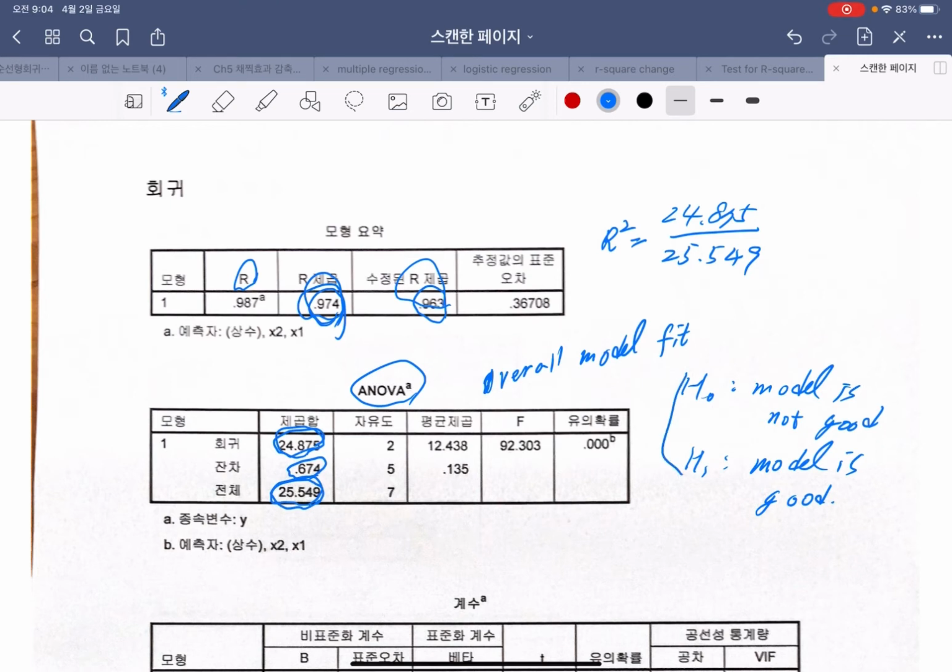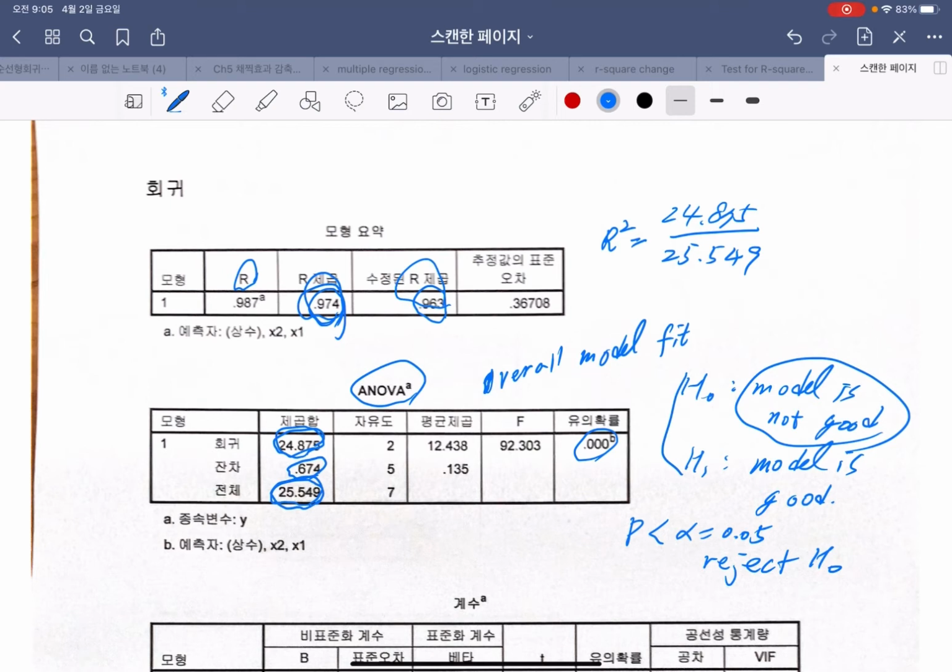In this case, this is the p-value. If p is less than alpha, suppose alpha is 0.05, then you reject the null hypothesis. Now, what is this? Model is not good. What does that mean?